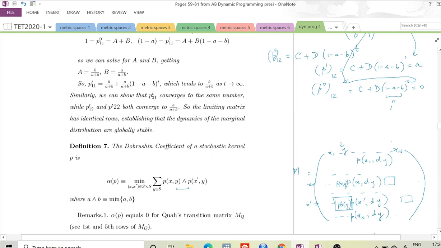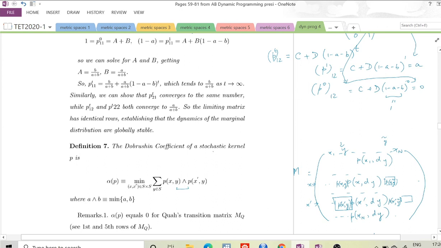That means there is some state, call it y tilde, where the smaller of the two numbers is positive. That means both numbers are positive. That means starting the chain at x or x prime, you meet tomorrow in the state y tilde with positive probability.